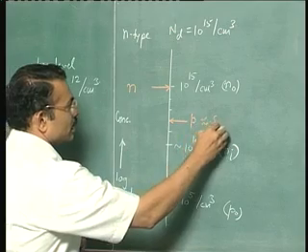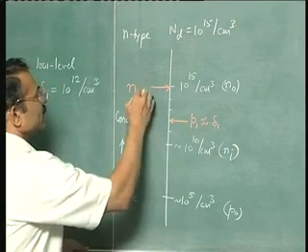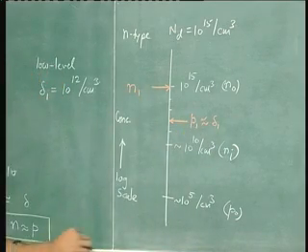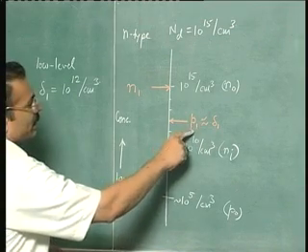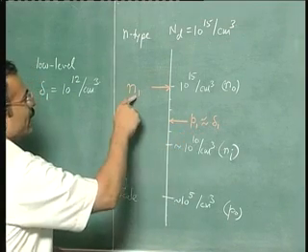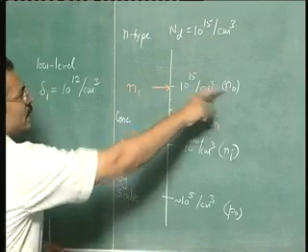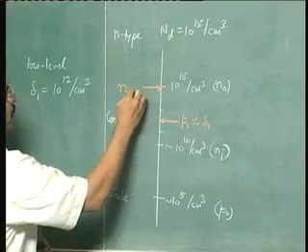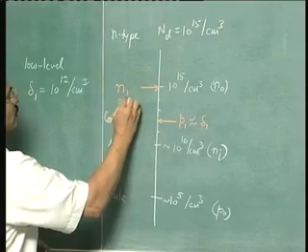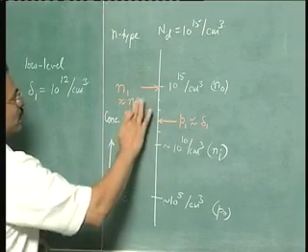So here this is delta 1, p1, and this is n1. So this is the so called low level condition. So p1 is approximately equal to delta 1 and n1 is approximately equal to n naught itself, the equilibrium concentration.